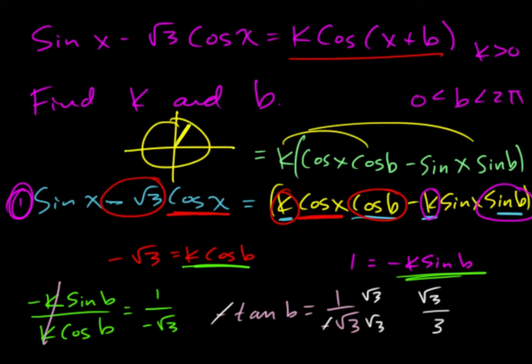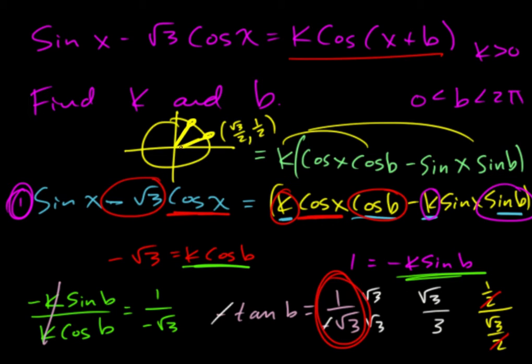If we go right here, we get square root of 3 halves, comma 1 half. If we take the y over x of that, we get 1 half over square root of 3 halves. The 2's cancel. We're left with 1 over the square root of 3, which is this, and that happened at our pi sixth mark right there.